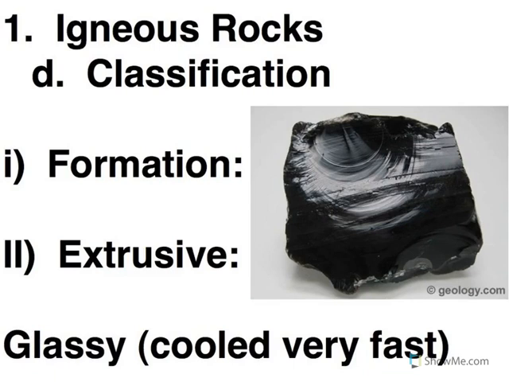Another example of an extrusive rock is if it cools very fast. Then it gets a texture that is glassy. And here's a lovely example of a glassy extrusive rock. This is obsidian.